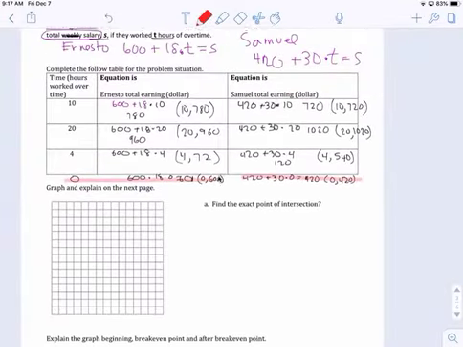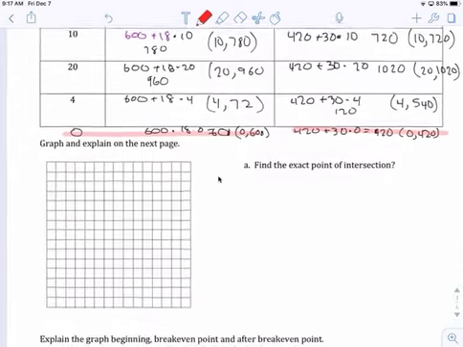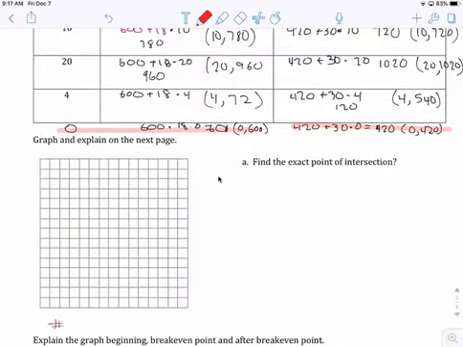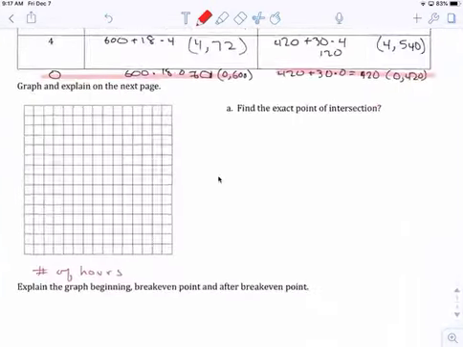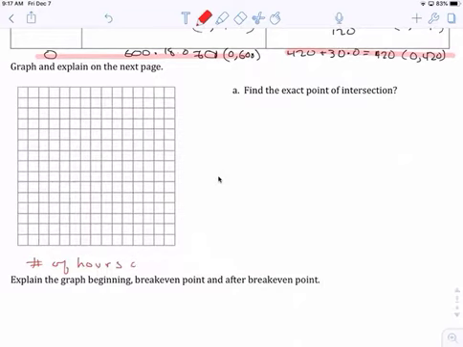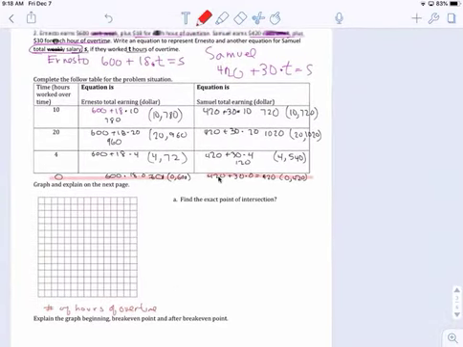And before I start, I always put number of hours, overtime. Okay, and then the other one would be total earning.